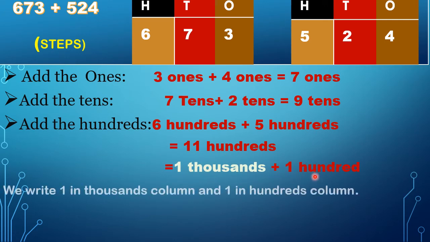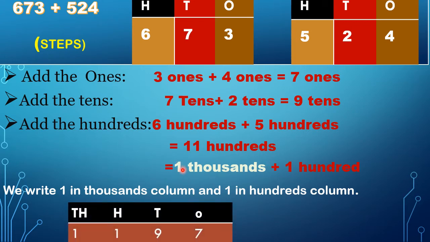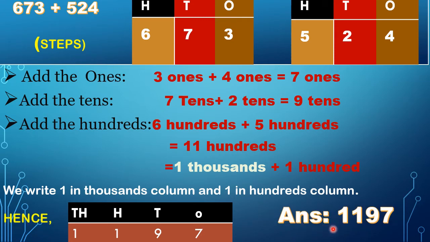You will write 1000 in the thousands column and 100 in the hundreds column, then 9 tens in the tens column and 7 ones in the ones column. So your answer would be 1197.